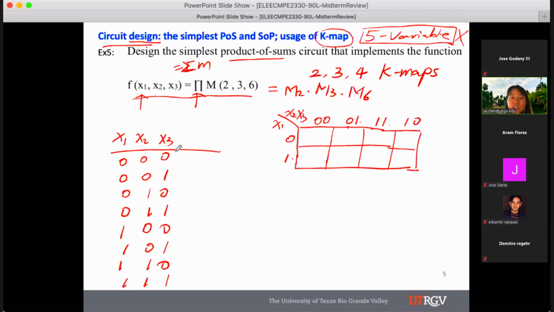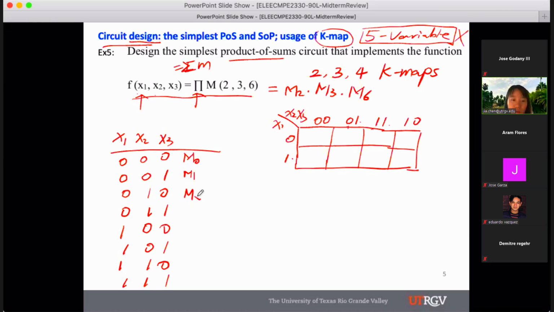Then the corresponding rows are there. You can find the max term. The subscript of the max term is the corresponding row index. And remember, we always start from 0, not 1, okay? So this is M0, this is M1, and this is M2.